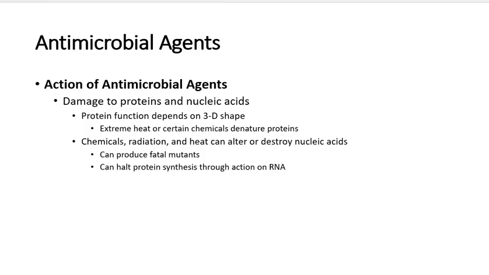There are some antimicrobial agents that will change the 3D shape of that protein. Most of you already know you expose it to heat or to certain chemicals that will, quote unquote, denature the proteins, i.e., take that protein apart, ruin the bonds between them.